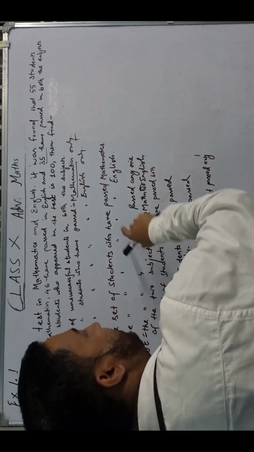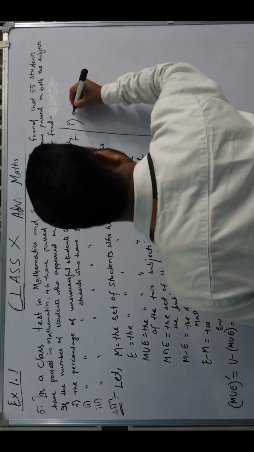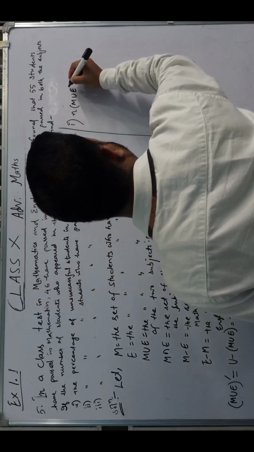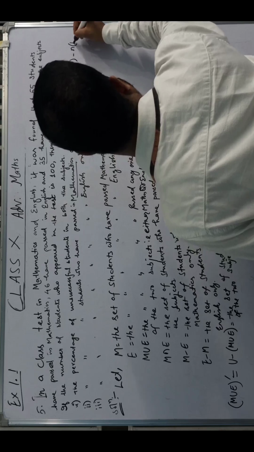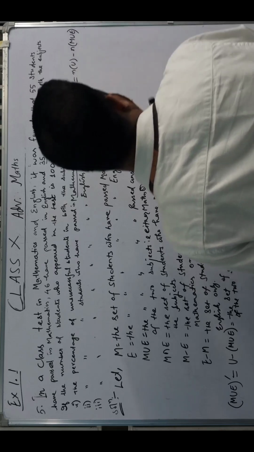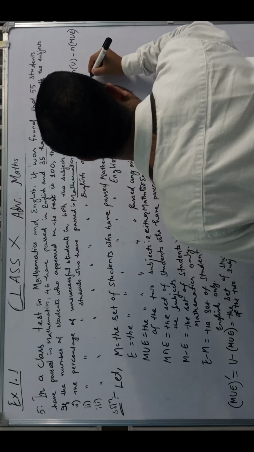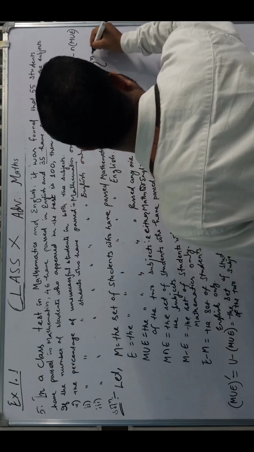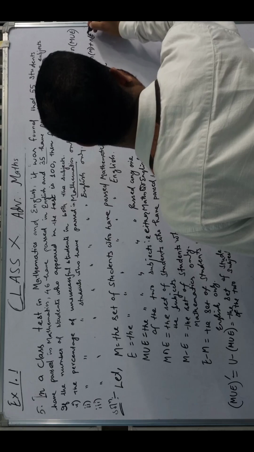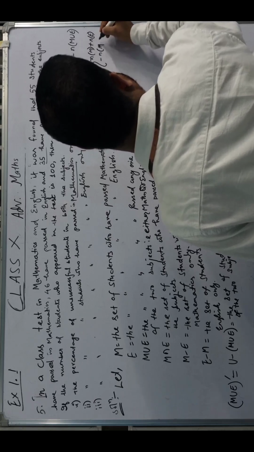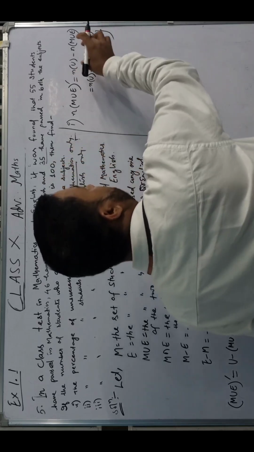These are the sets, what represents what. Then number 1: number of M union E complement equals number of U minus number of M union E. Now it will be equal to number of U minus, number of M plus number of E minus number of M intersection E. You know the formula, yes?